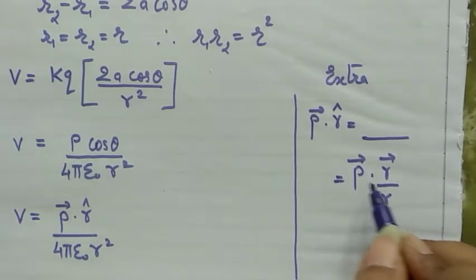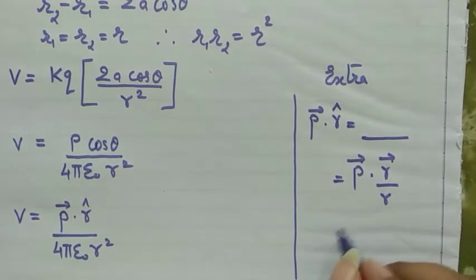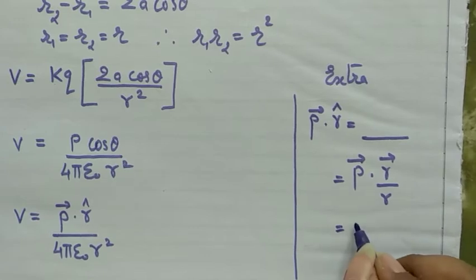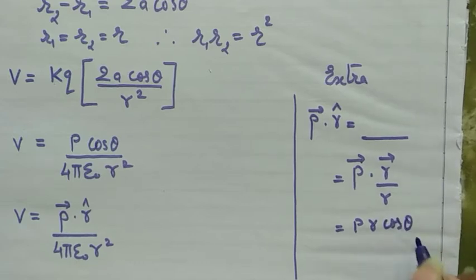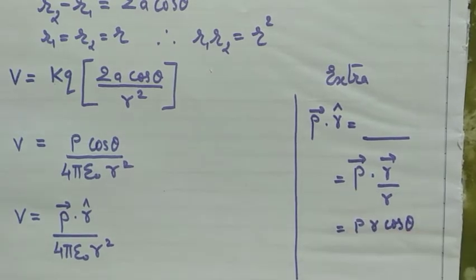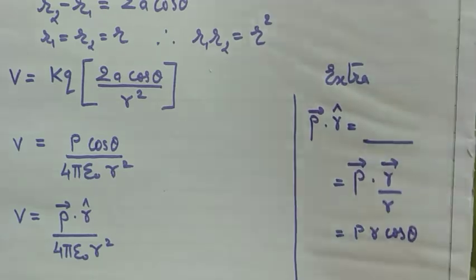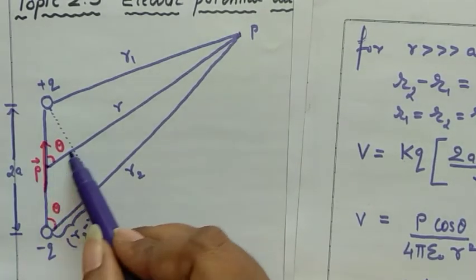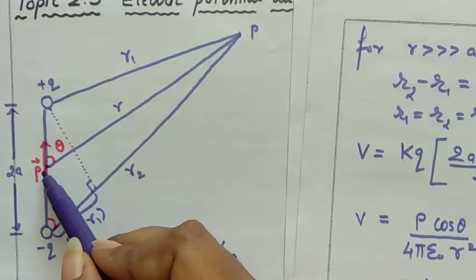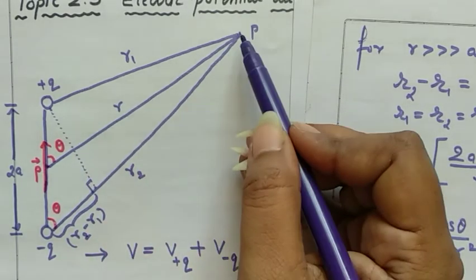Now, what is this P dot r? It will give me mod of P into mod of r into cos theta. What is theta? Theta is the angle between the dipole moment and r. See from the figure, this is the dipole moment and this is our r. You can consider a unit vector along this direction, r cap.